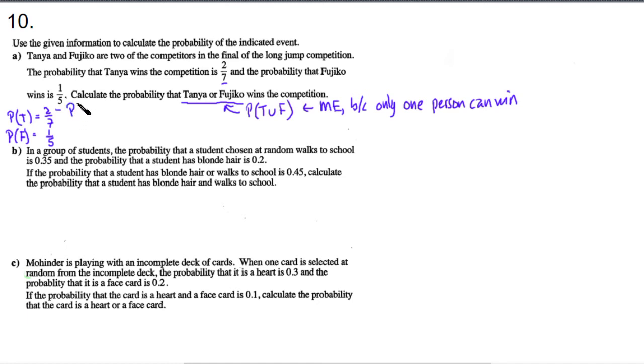So it's going to be probability of Tanya or Fujiko winning equals the probability of Tanya winning plus the probability of Fujiko winning. And it's just a matter of plugging in those probabilities. So it's going to be 2/7 plus 1/5.